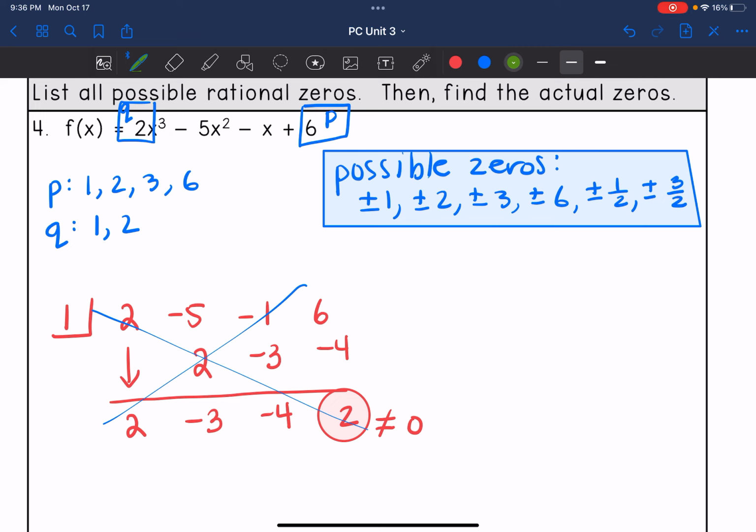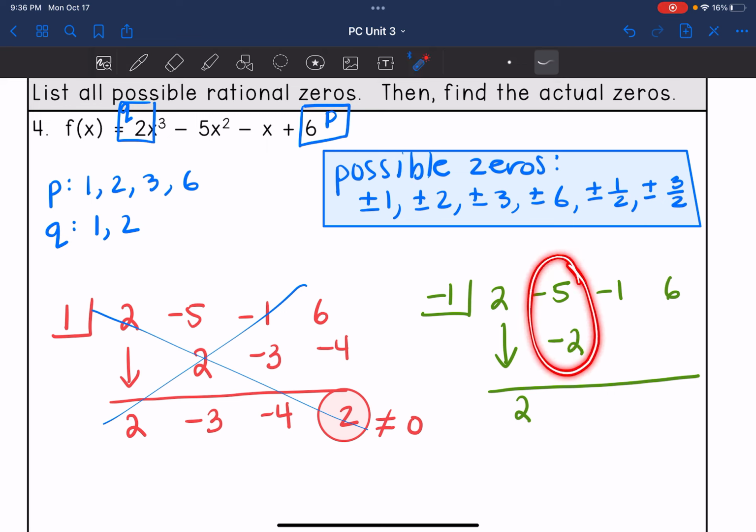So I'm still on the 1. I tried the positive version, so now let's try -1. Okay, so -1. Same coefficients because I'm still dividing that same polynomial: 2, -5, -1, 6. Okay, we're going to bring that 2 down. -1 times 2 is -2.